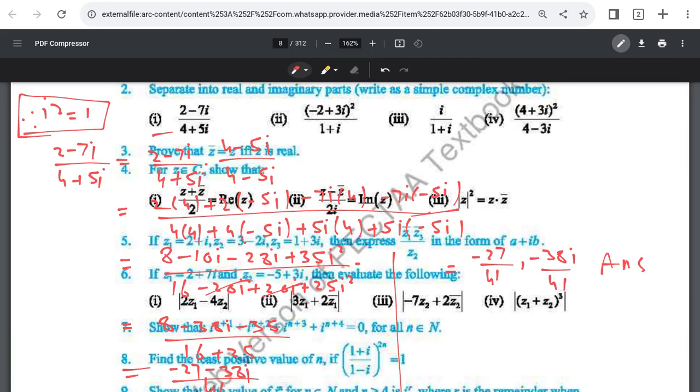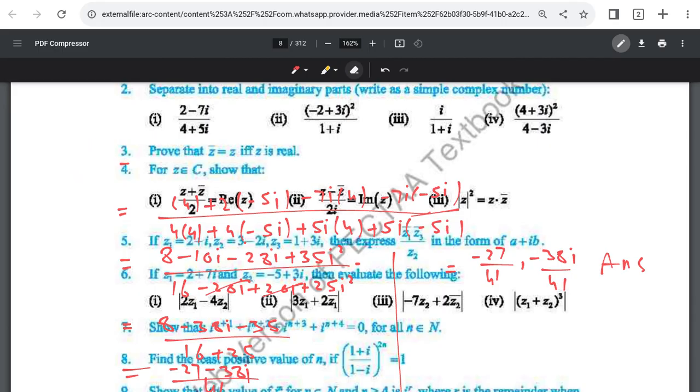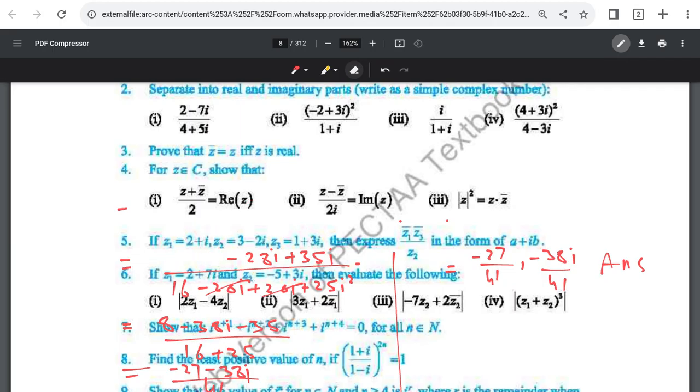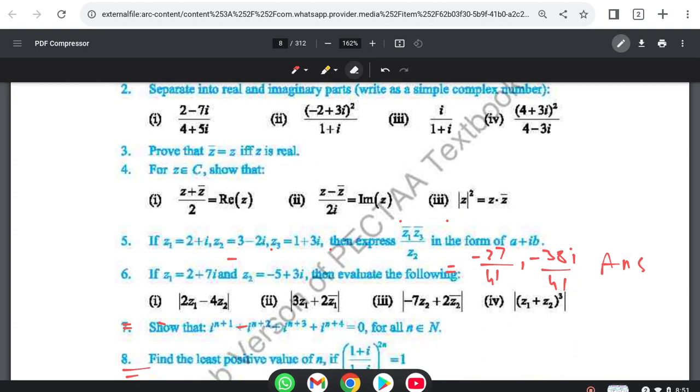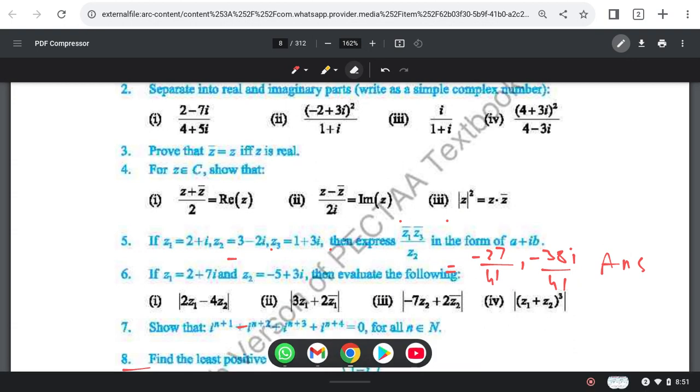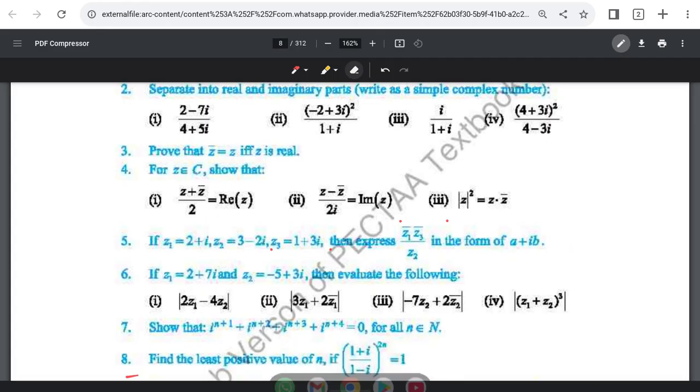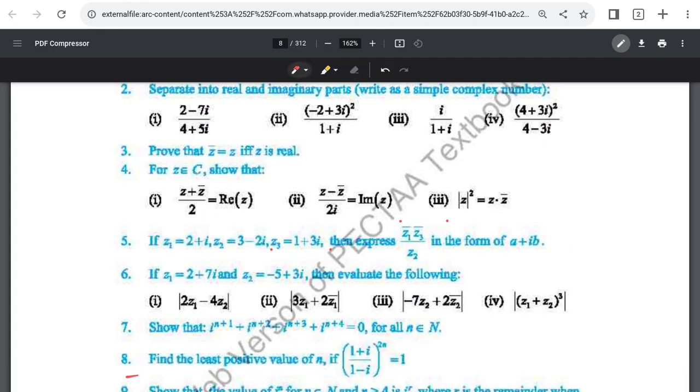Okay, dear students, now we move towards the next part of question 2. So the next part of question 2, we have minus 2 plus 3 iota square over 1 plus iota.